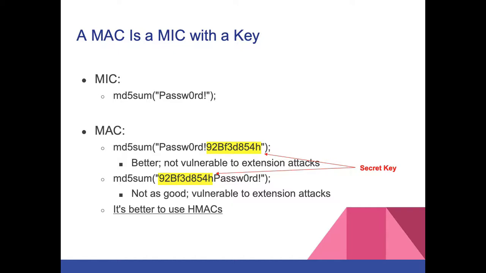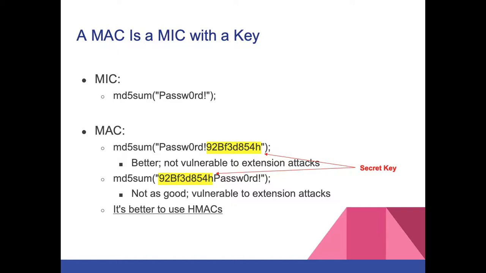Now, I realize these terms probably seem a little confusing, but here's a simple illustration of the similarities and differences. A message integrity code, or MIC, is just an unkeyed hash of some value. In this case, let's assume we have a function called MD5sum. We give it a string, and it returns the MD5 hash value of that string. The first example shows a MIC.